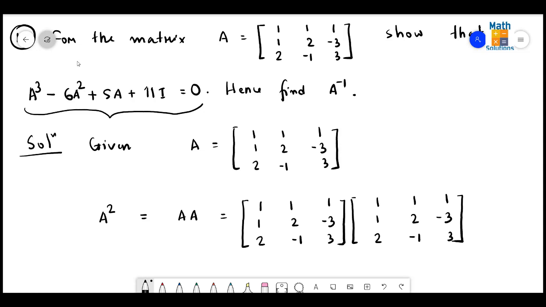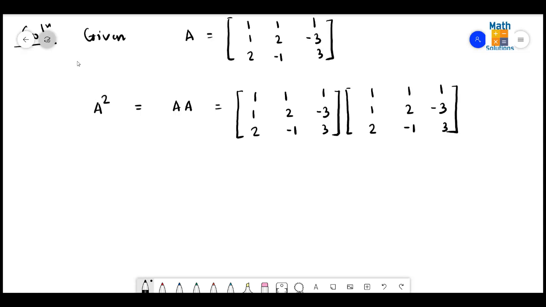Let us check what result we get on matrix multiplication. The results obtained are: 1 plus 1 plus 2, it will be 4. Then 1, 2, minus 1, the result will be 2.